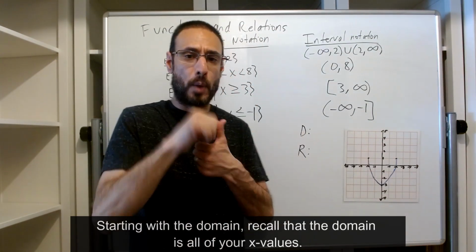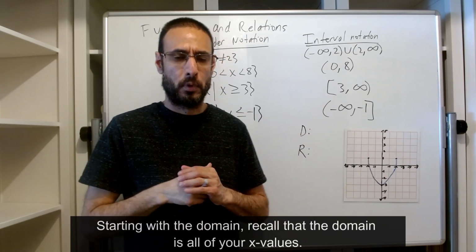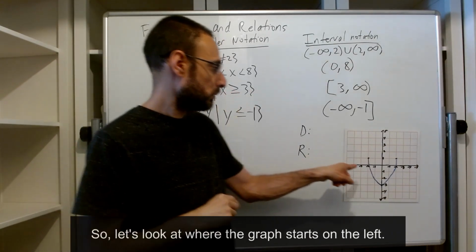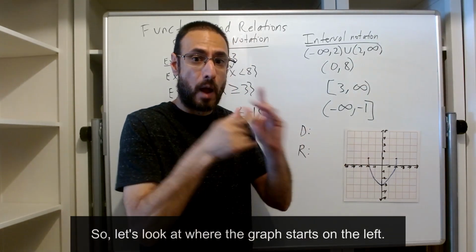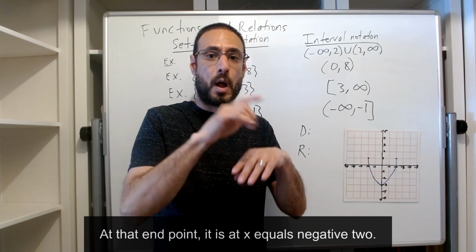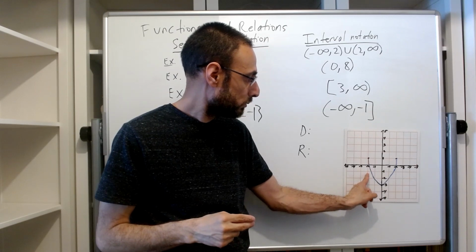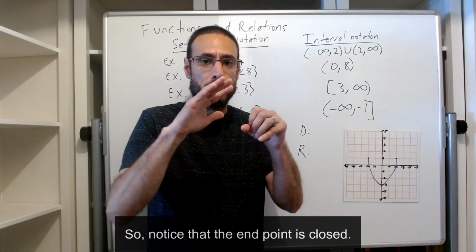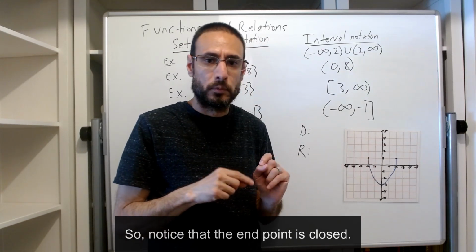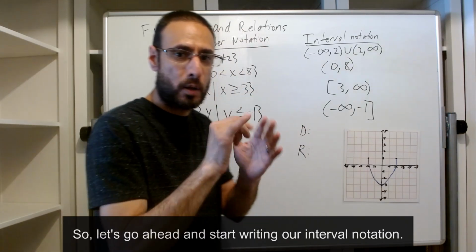recall that the domain is all of your x values. Let's look at where the graph starts on the left. At that endpoint, it is at x equals -2. Notice that the endpoint is closed. This means this endpoint of x equals -2 is included.